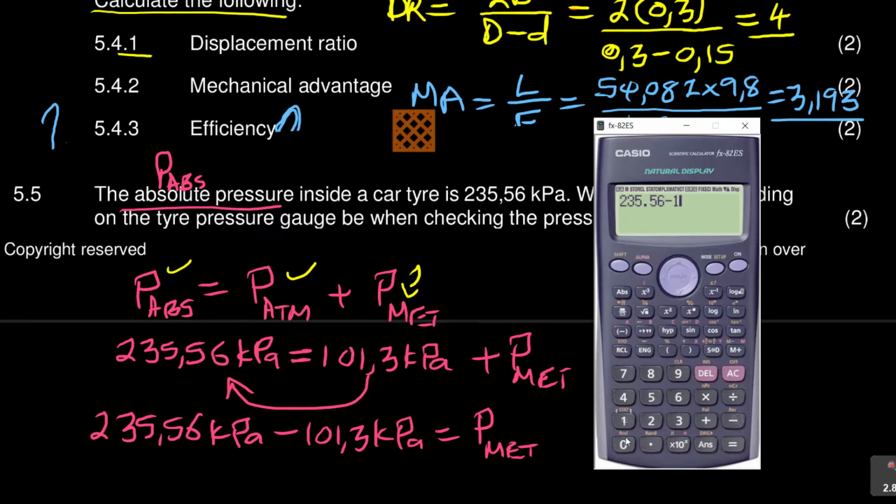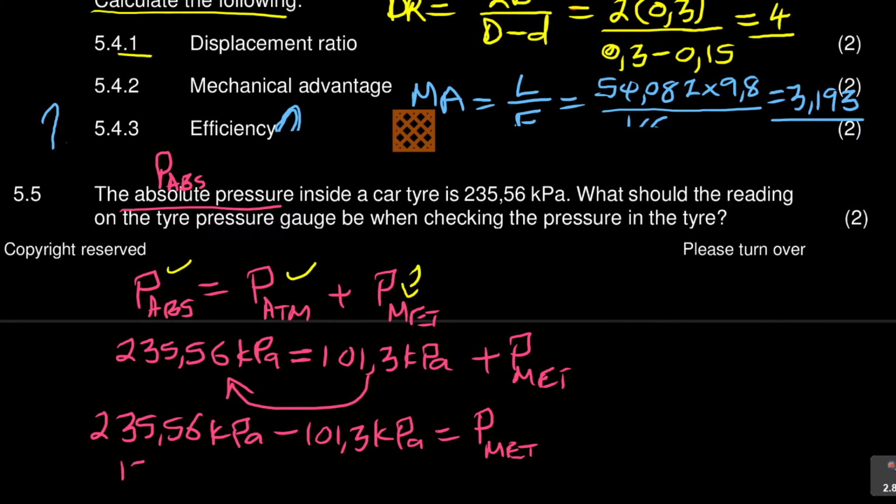235,56 minus 101,3. If you did it well, what am I getting? I'm getting 134,26. 134,26. You know the units already, kPa, is equal to what? P_MET. Don't confuse yourself there.